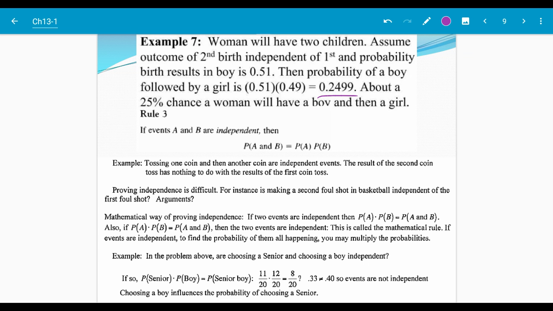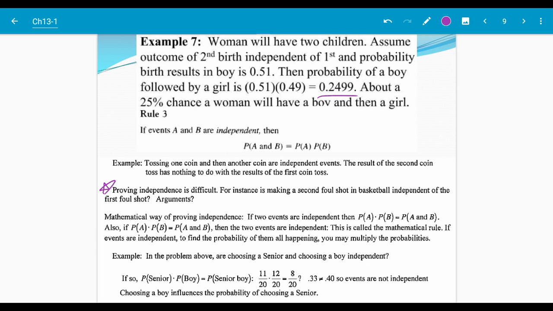Now, at the bottom of this slide, we see here that proving independence can be difficult. Okay? It gives you an example. Is making a second foul shot in basketball independent of the first foul shot? This is debated back and forth by both sports people and mathematicians and people who kind of overlap in that area. Okay?